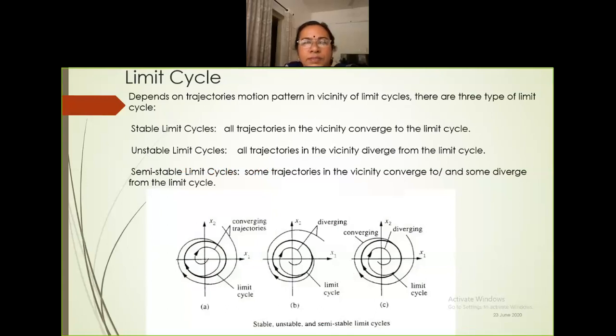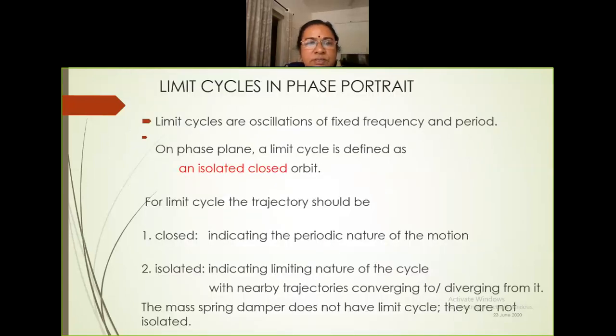Now, the limit cycle depends on the trajectories' motion pattern in the vicinity of the limit cycle. There are three types of limit cycle: stable limit cycle, unstable limit cycle, and semi-stable limit cycle. So what is the simple definition of a limit cycle in the phase plane?